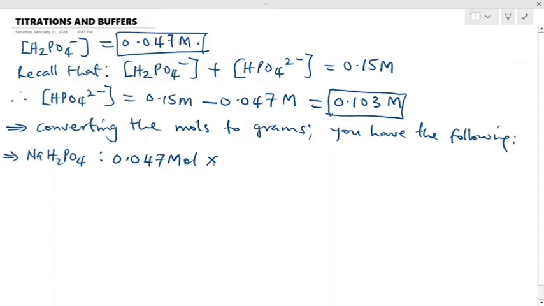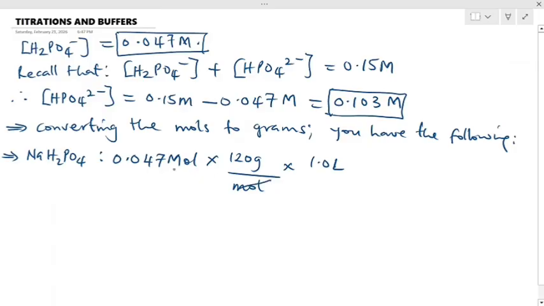To convert to grams, you simply take the molar mass of this compound, sodium dihydrophosphate, and taking the molar mass, you have 120 grams per mole times 1.0 liter.